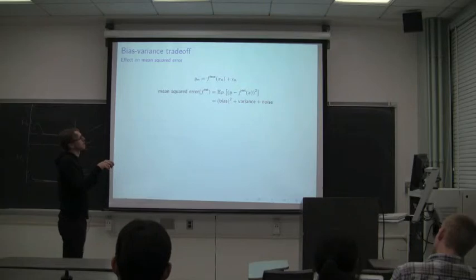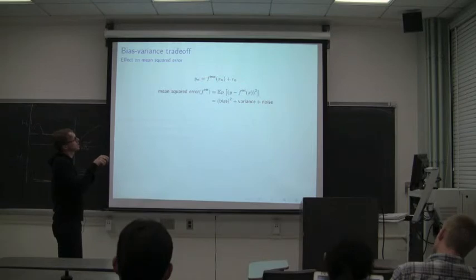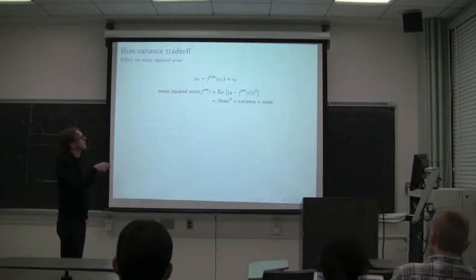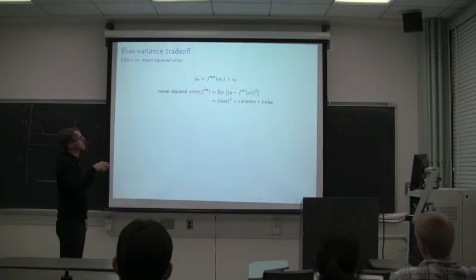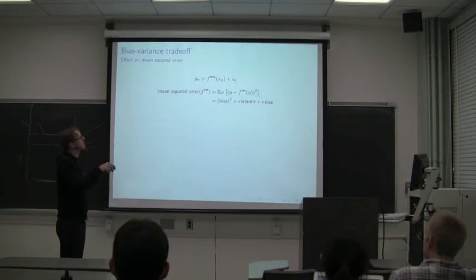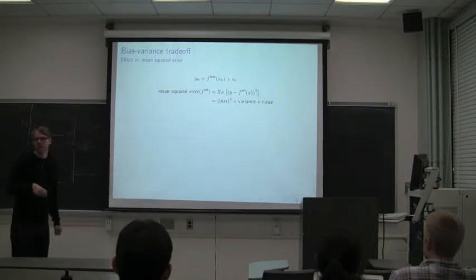The best we could do is plug in the true function here, in which case we have 0 variance because the true function is fixed, and 0 bias. The only thing that would introduce anything in the mean squared error is noise. But by doing an estimation, our estimate has bias and variance, and the bias appears squared in this mean squared error, and the variance like that.